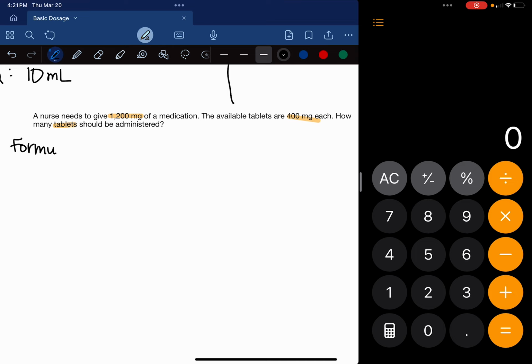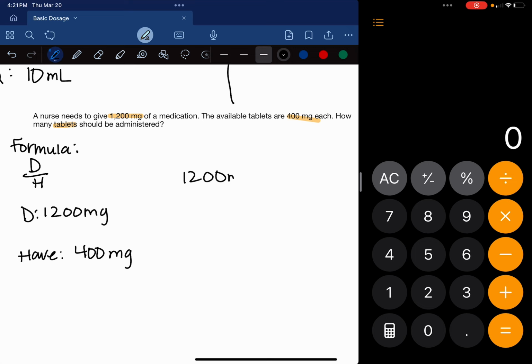Going to go ahead and do the formula, dose over have. All right, so dose, what the doctor ordered, 1,200 milligrams. You have 400 milligrams. And just divide 1,200 milligrams over 400.